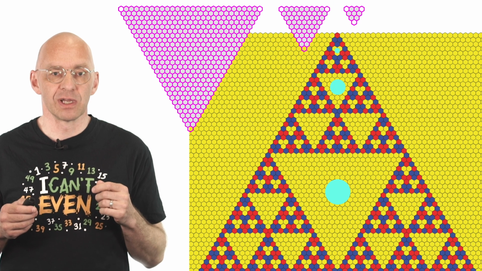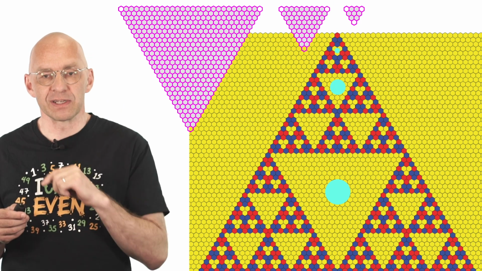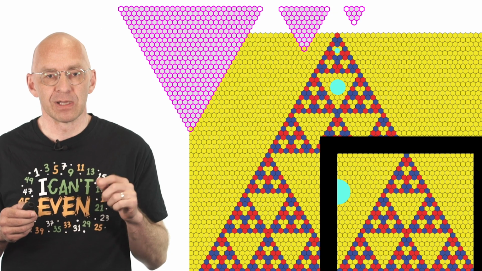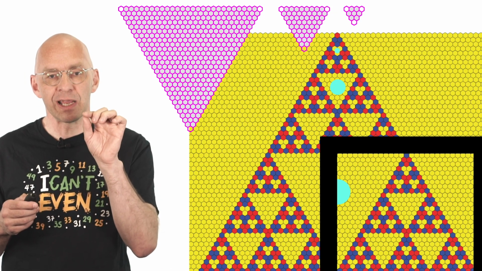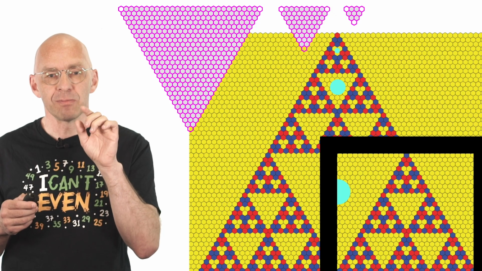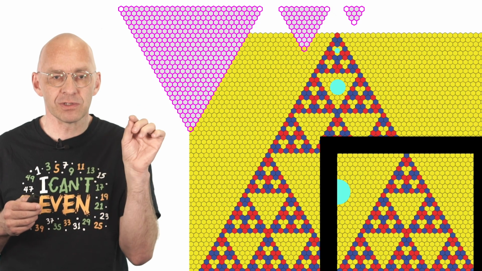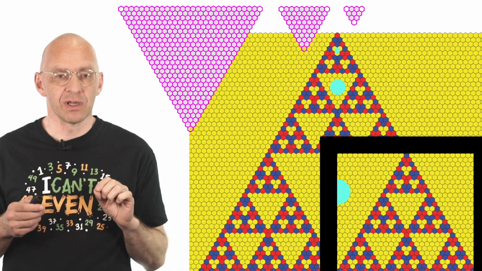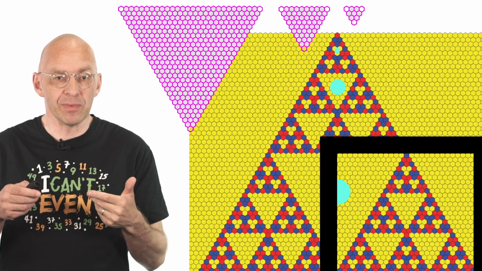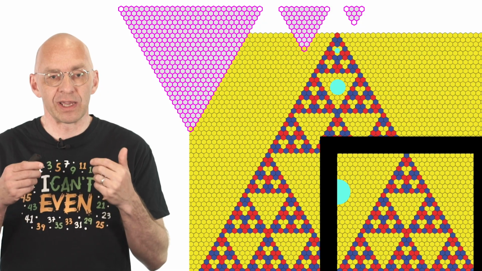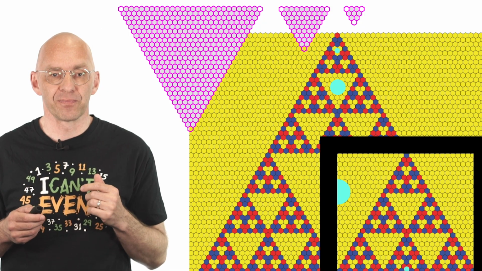There, all of those. But now focus on this off-center region here. What's happening here? Well, we already have large lakes of yellow on the left and right, plus a starting row all yellows with one hexagon of a different color in the middle. So within this frame, we can now generate centered triangles exactly as before.